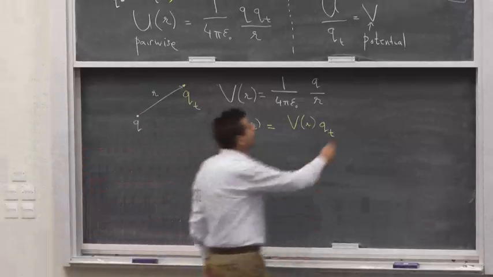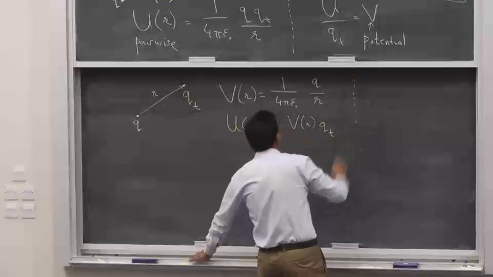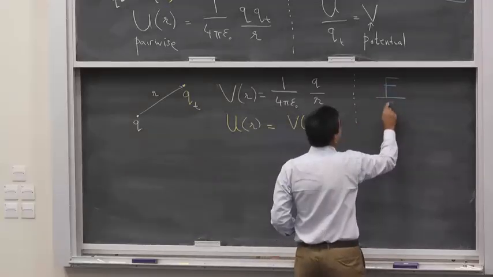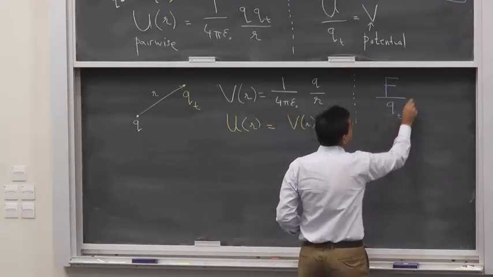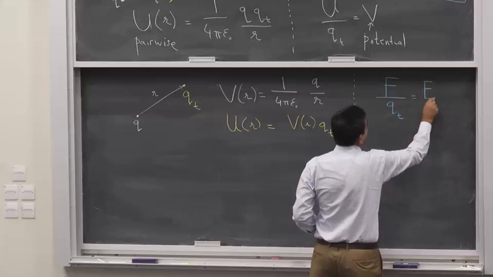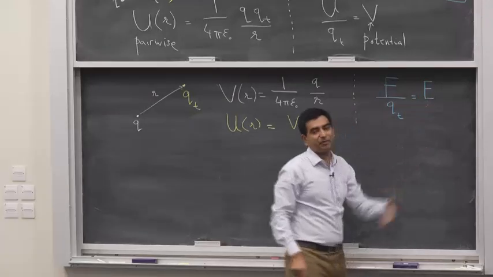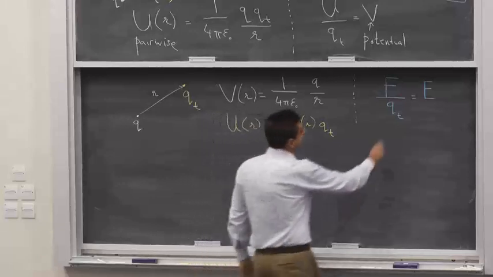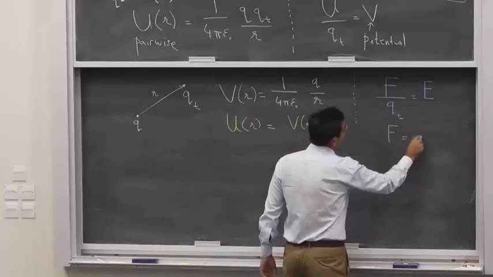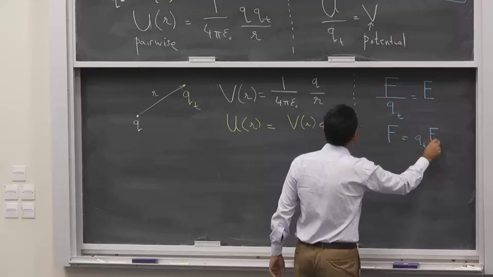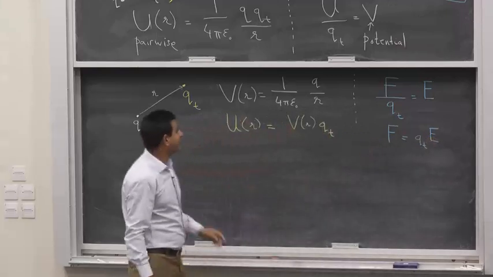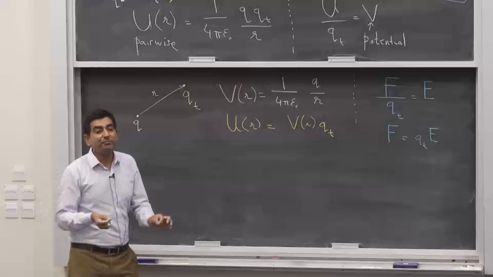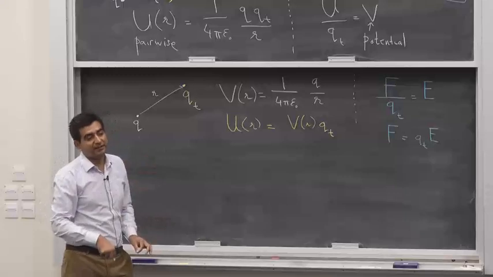And the analogy that you could keep at the back of your minds is, if you have a force, you divide that force by the test charge, you will get the electric field. Now this electric field does not depend upon the test charge, but the force does. The electric force is Qt, the test charge, times the electric field. So exactly the same analogy works here. The potential gives you a description that is independent of any probing charges that you place inside the electric field.